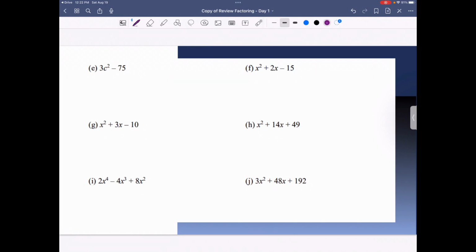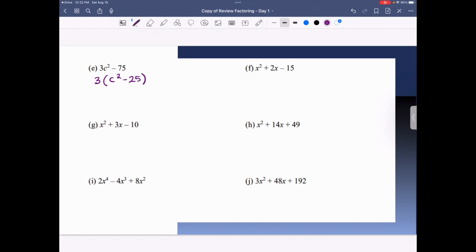All right. Same thing, we'll do E, G, and I with me, and we'll do F, H, and J as a class. Okay, for E, I want to factor out the greatest common factor, which is 3. And then I get c squared, 75 divided by 3 is 25.